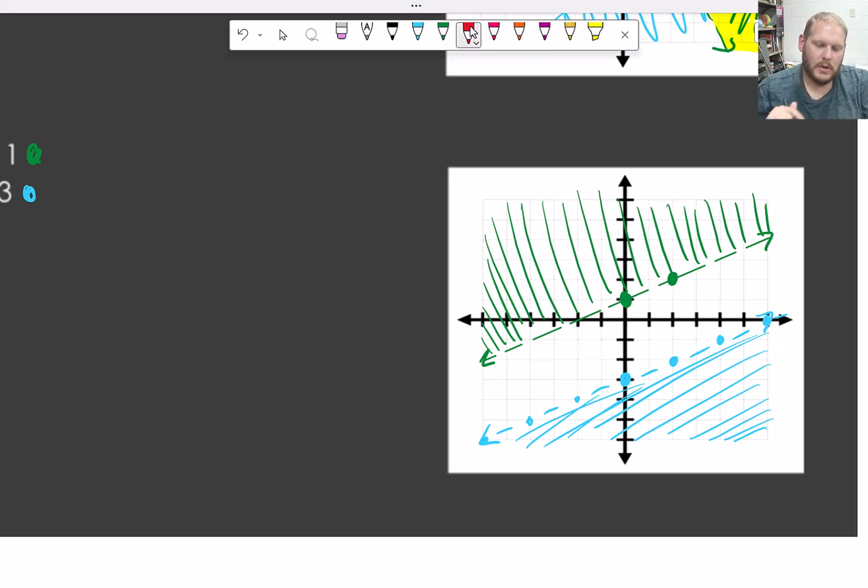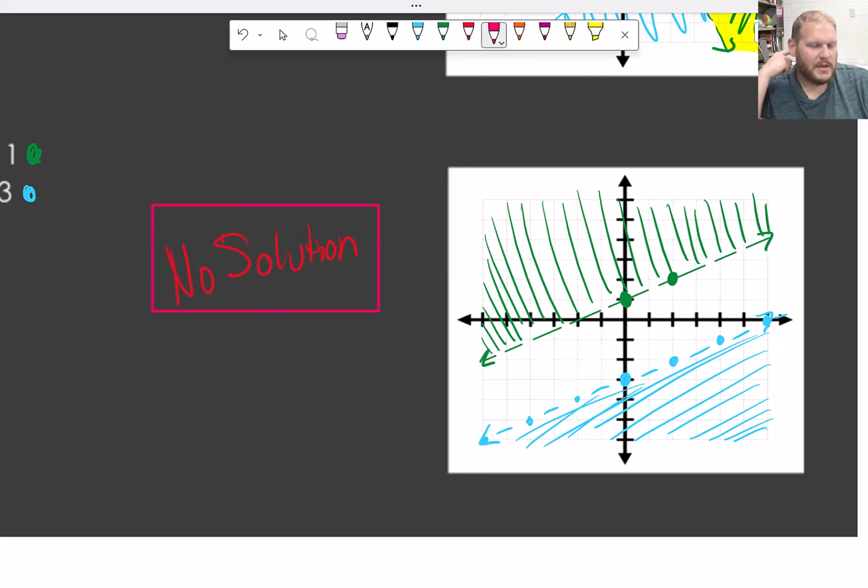So you just have to graph them and then wait until the end to make your conclusion. But here, since my shaded areas don't overlap at all, it is no solution. That is still possible. We do still have those special cases. We could have infinitely many solutions, but that would have to be where they're coinciding lines and shading the same direction.